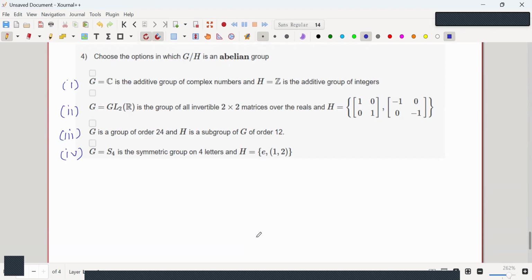Yes, sir. If G is abelian, then we can say that G by H is abelian. Since G is abelian, this implies G by H is abelian.